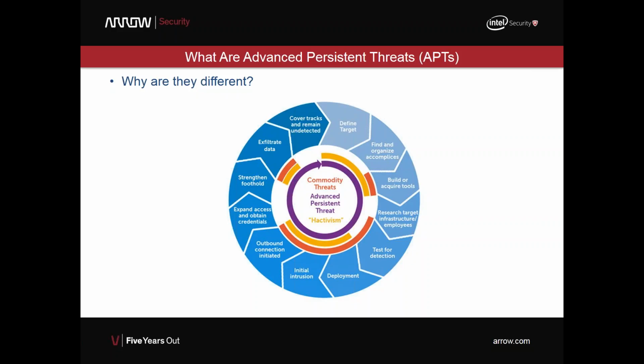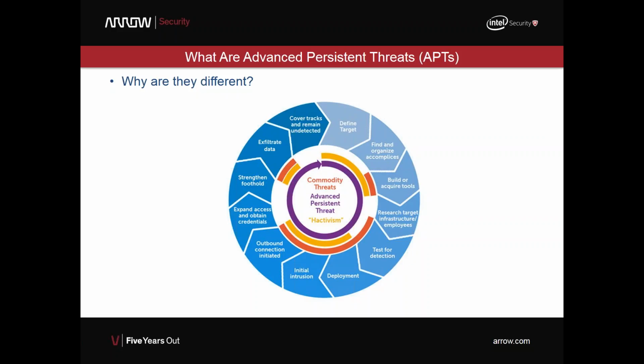Nissan at the start of this year, their site was hacked because Japan supports whaling. I mean, who could have seen that? It's nothing commercial, it's a morality side of things. And you've got Anonymous lately, they are targeting Donald Trump because of the kind of stuff that he's been saying of late. So there's a real mixed bag of motives behind advanced persistent threats, but they are there.